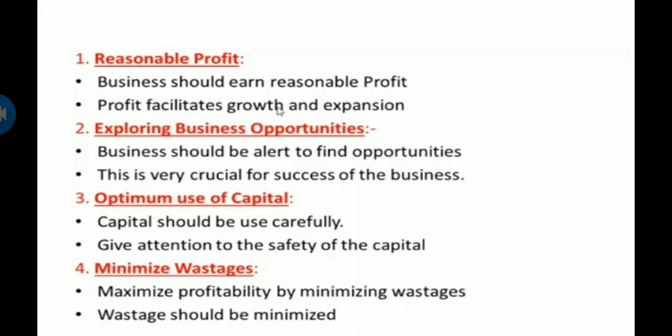Then fourth is minimum wastages. Business organization can maximize profitability by minimizing wastages. Wastage of time, money, and manpower should be minimized.